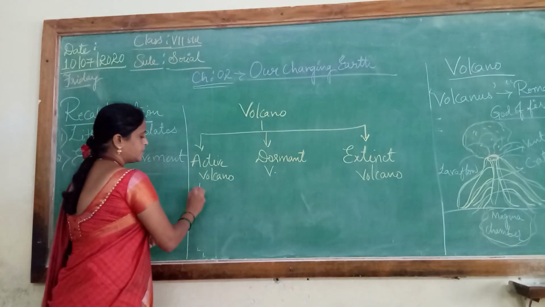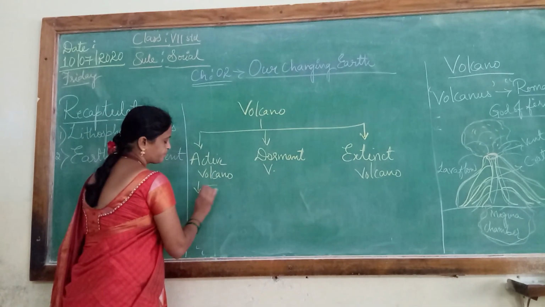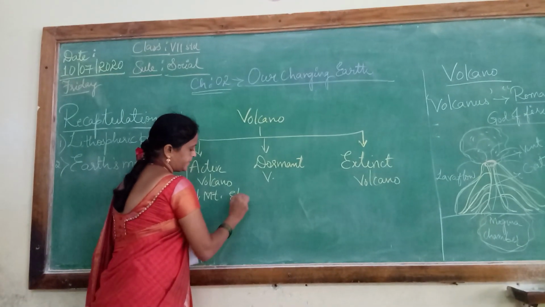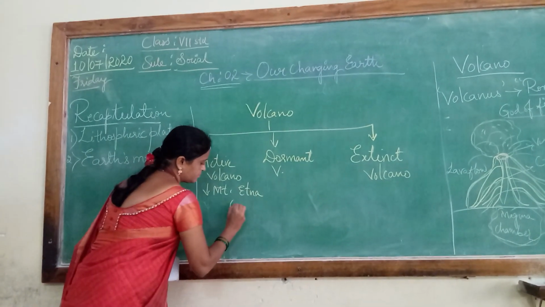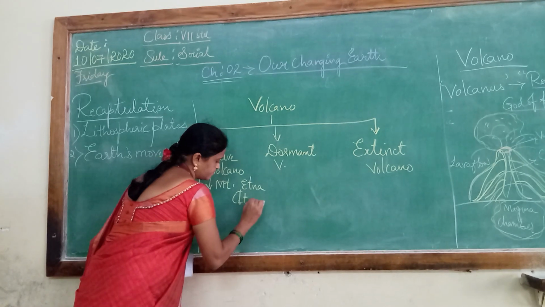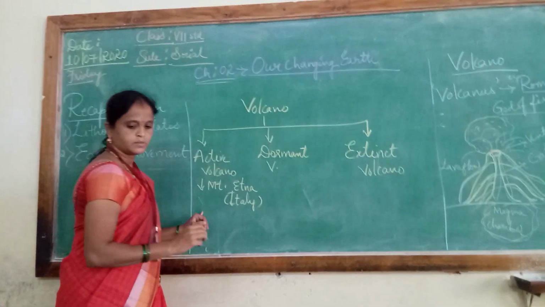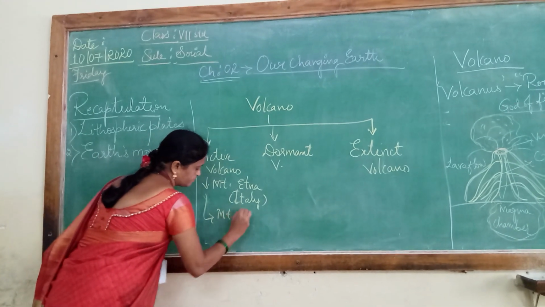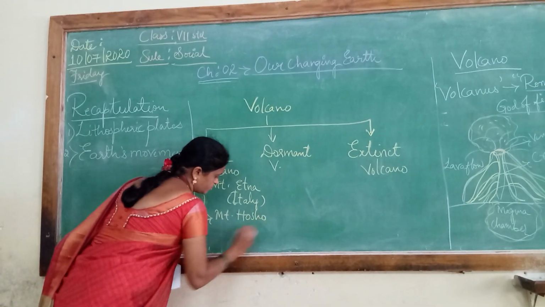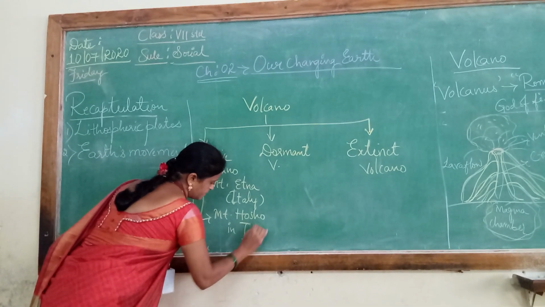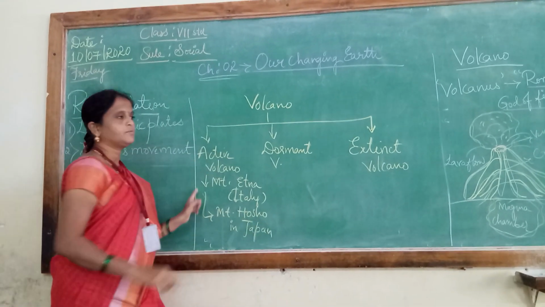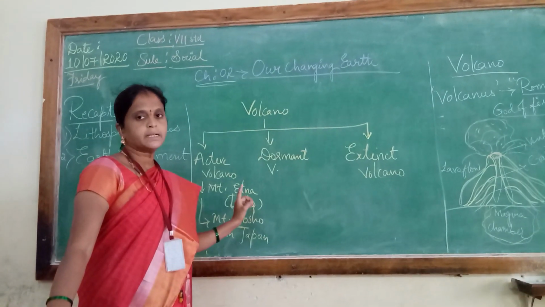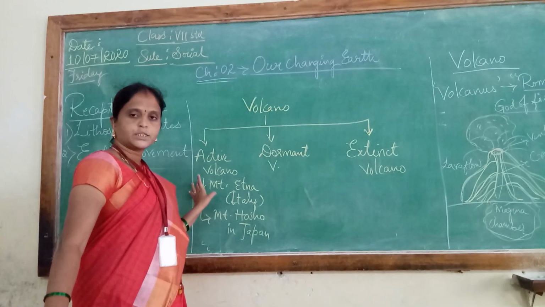Examples of active volcanoes are Mount Etna in Italy, Hosho in Japan. These are the examples of active volcanoes which are erupting or which have erupted recently.